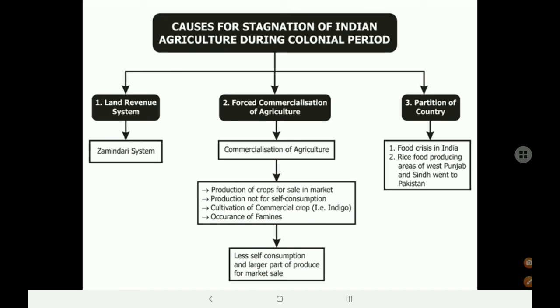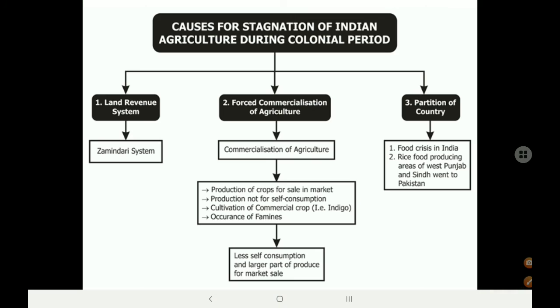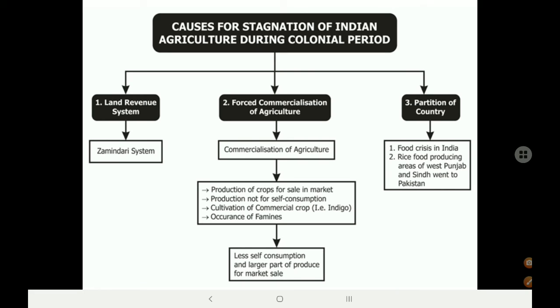Actually, the British industrialists were always in need of raw materials like cotton, jute, groundnut, sugarcane, etc. to keep their factories running. By offering high prices, the Indian peasants were attracted to production of commercial crops instead of food crops. This fallen production of food crops was responsible for frequent famines in India during the British days.